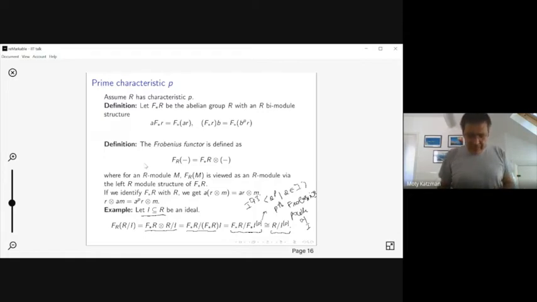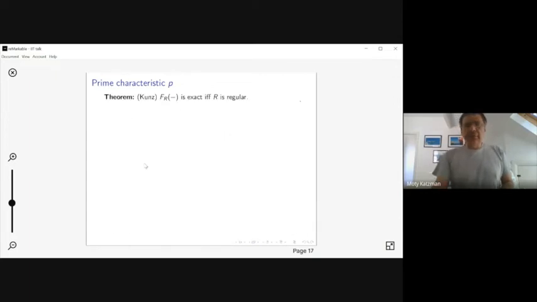Okay. So this is the kind of thing that people in characteristic P like doing. They like applying Frobenius functors. And this is often very useful because of this theorem by Kunz from 1969 or so.